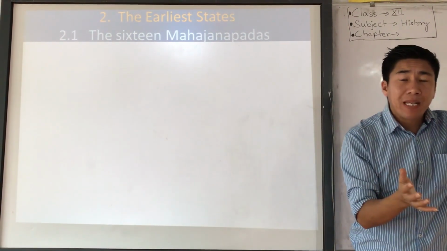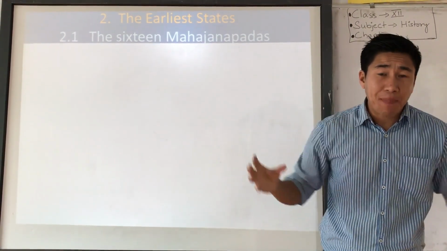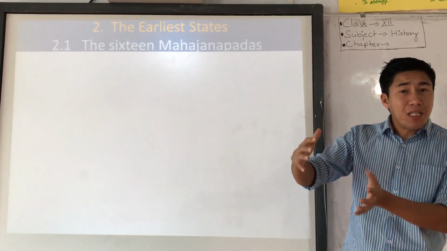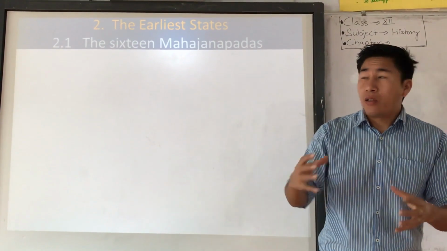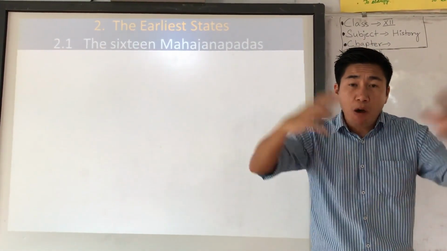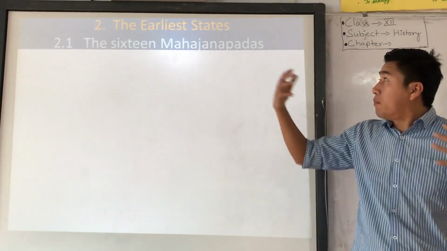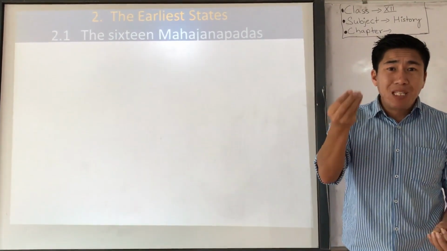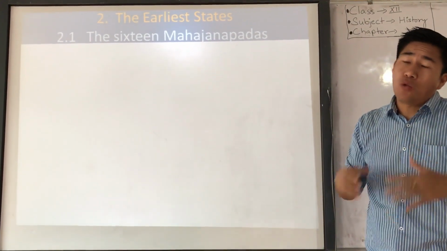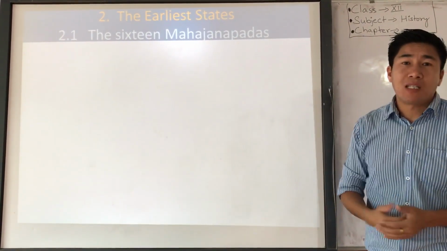In the Vedic period, many Janapadas, small states, came up. But around 600 BC, 16 big, popular, powerful Mahajanapadas came up. Buddhist and Jain texts mention the 16 Mahajanapadas, so we are going to discuss them.